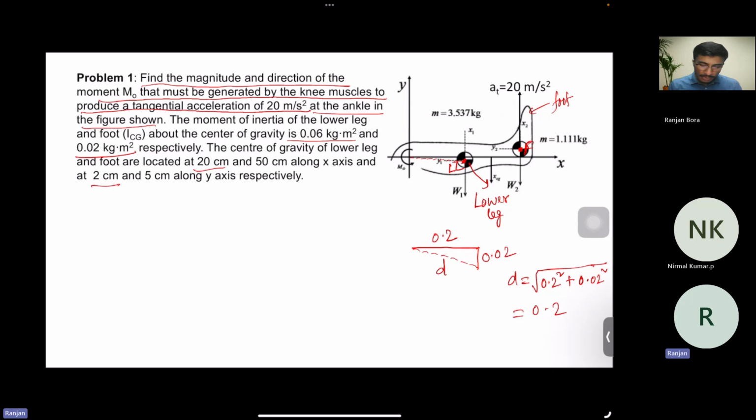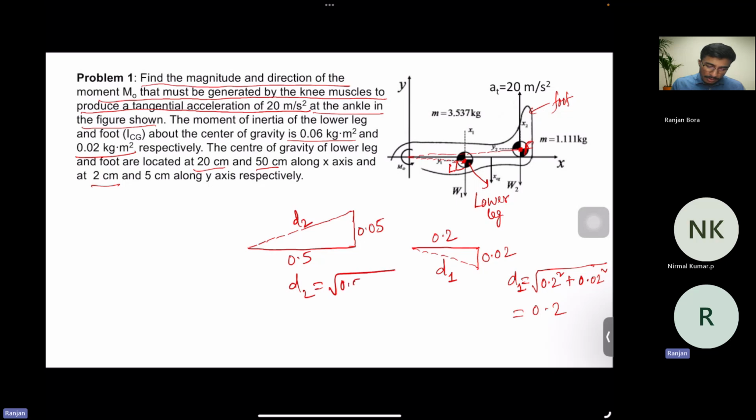Now we need to find the distance for the ankle also. For the foot, this distance is 50 centimeters, so it is 0.5, and along the y-axis it is 0.05, and let this be d2. So what is d2?